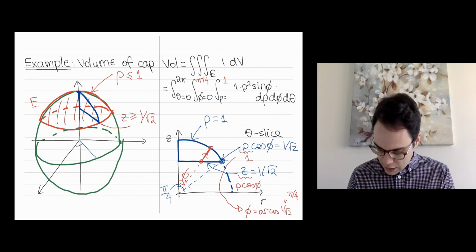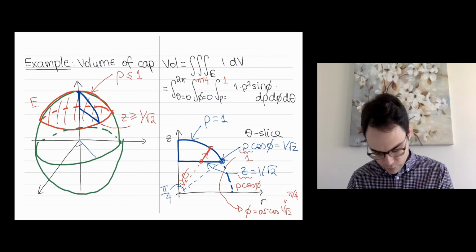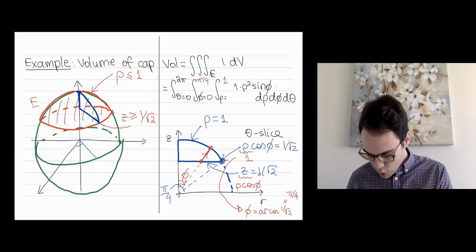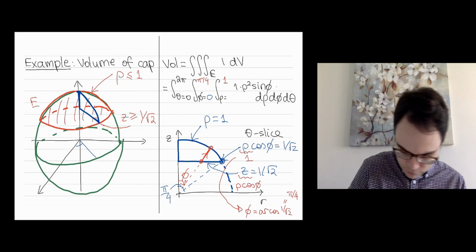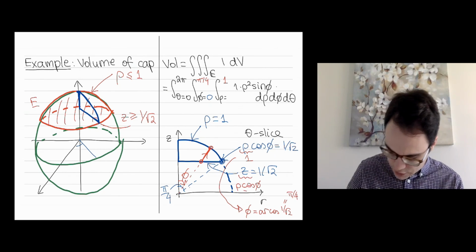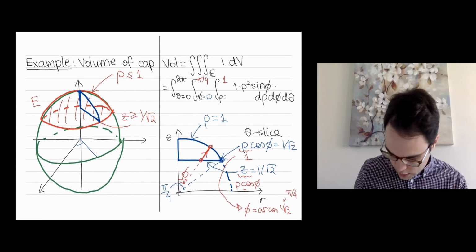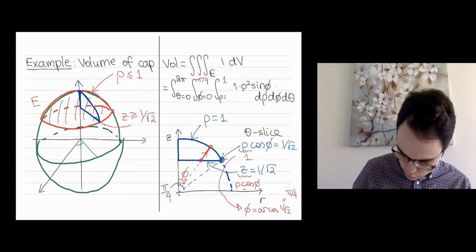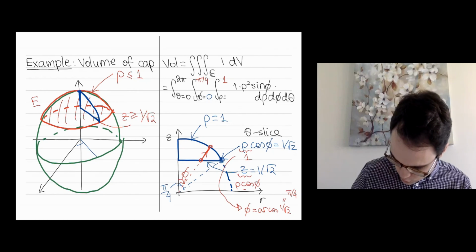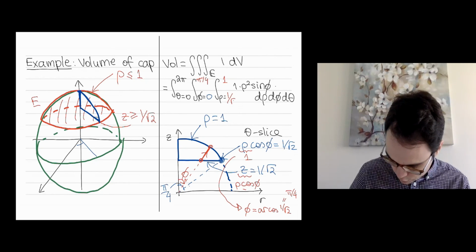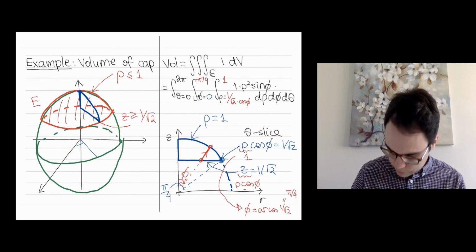Now z is rho cosine phi. So this tells me that rho is 1 over root 2 cosine phi. So I enter the region where rho down here is equal to 1 over root 2 times cosine phi.